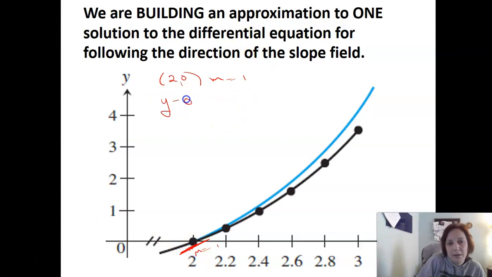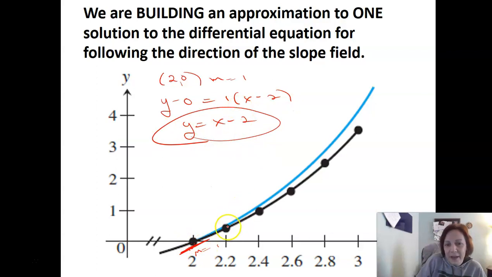Be y minus 0 equals 1, x minus 2. So y is equal to x minus 2. Right. And I say, okay, hey, tangent line, if I follow you instead of my curve, if I follow you to 2.2, what would my new y value be? And tangent line says, your new y value would be 0.2.